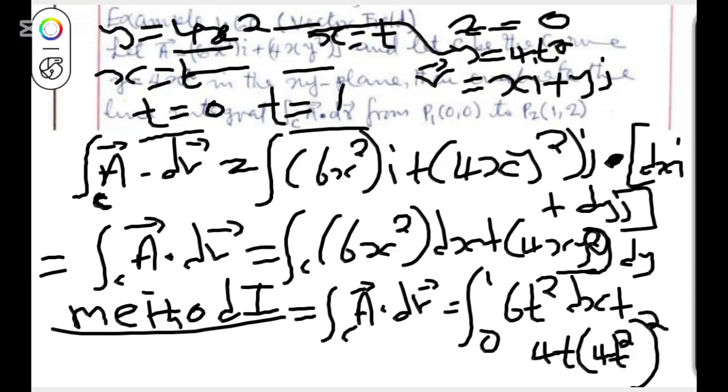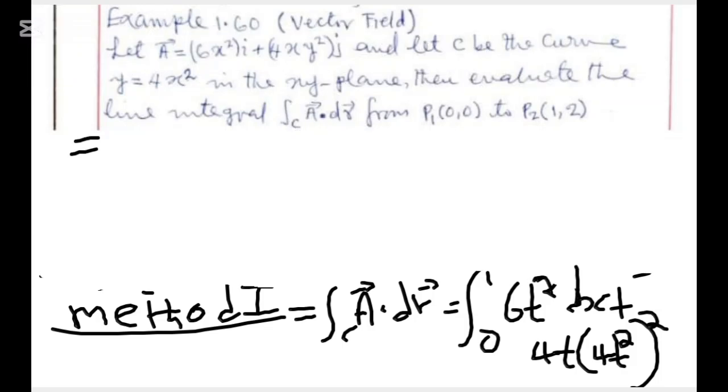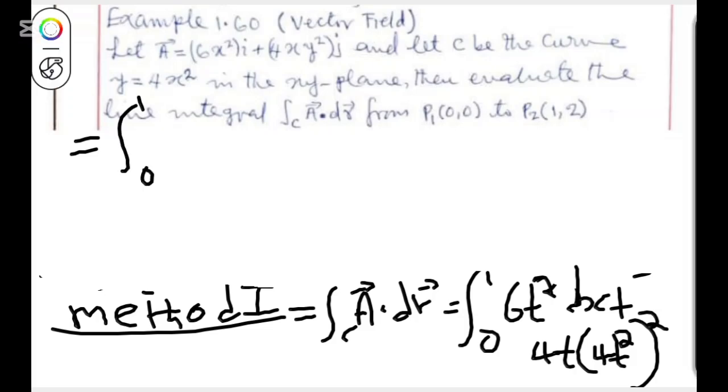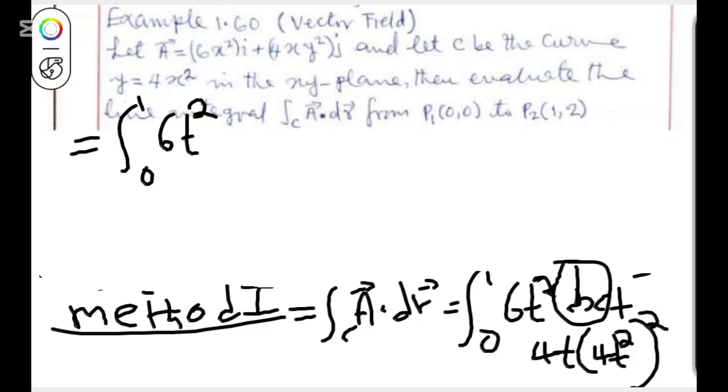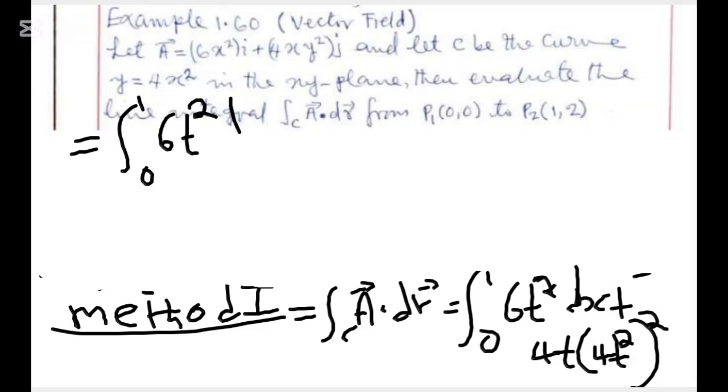So let me have some space in order to proceed. This is the same thing as saying the integral from 0 to 1 of 6t squared, and this dx, as you can see, I have to change it. It will now become dt.